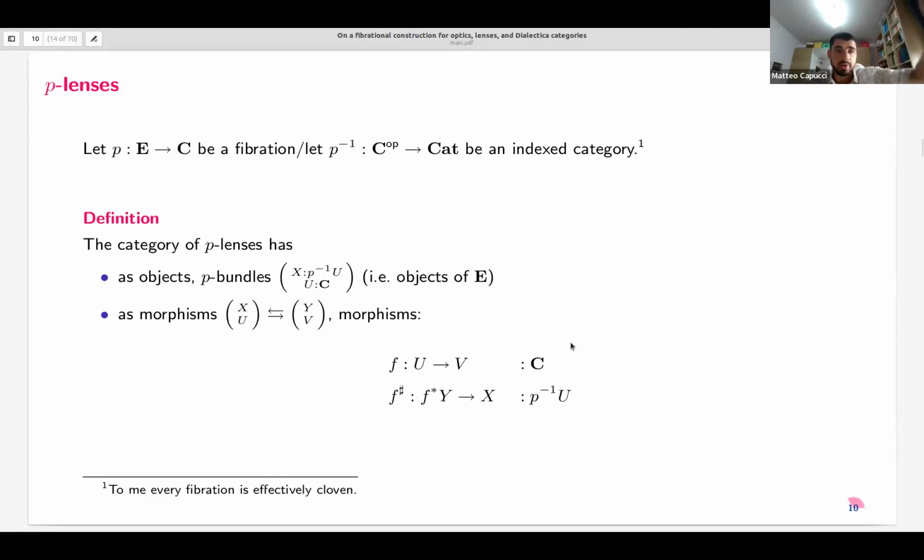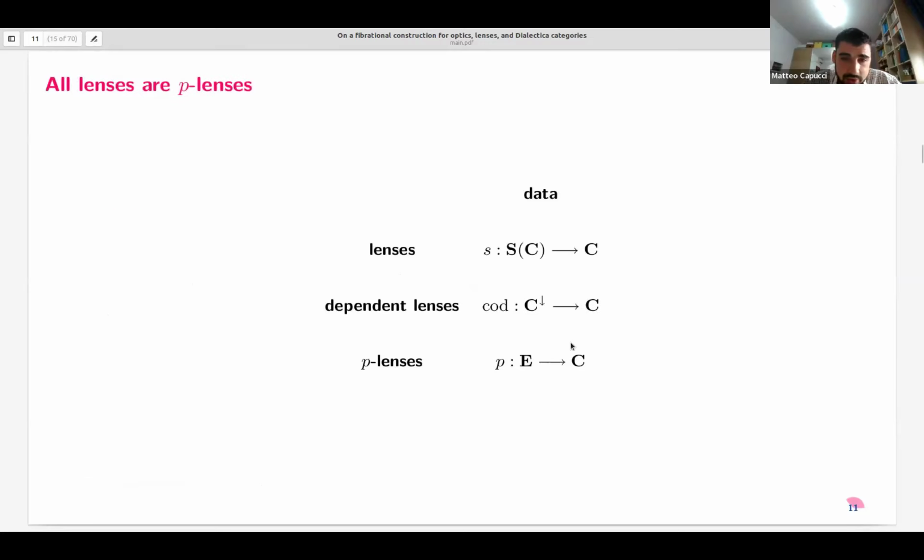Instead of taking a pullback as in an actual pullback, we're reindexing, we're taking a Cartesian lift, okay? And so in fact, all lenses are P-lenses, right? And we just use two particular kinds of fibrations to build the first two examples.